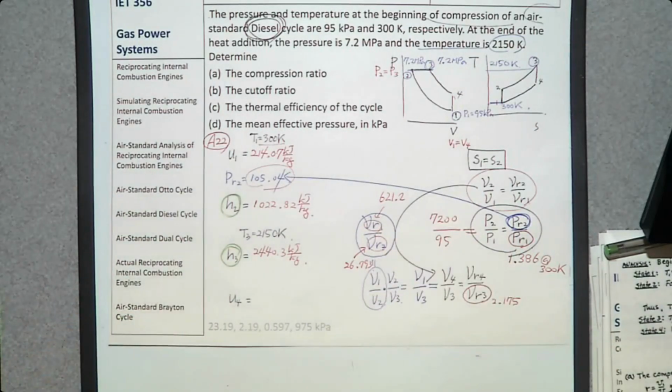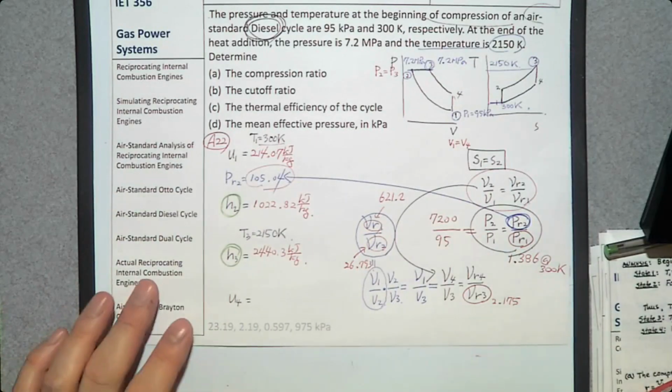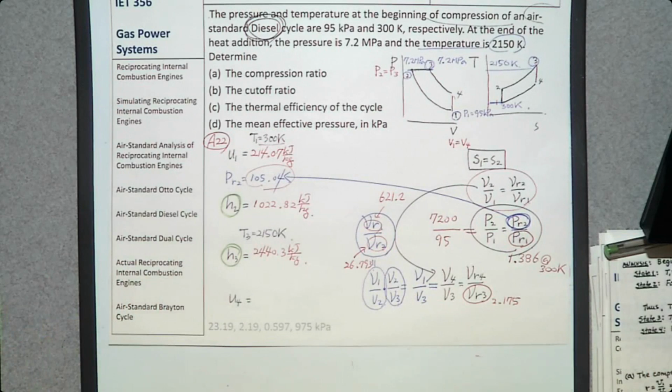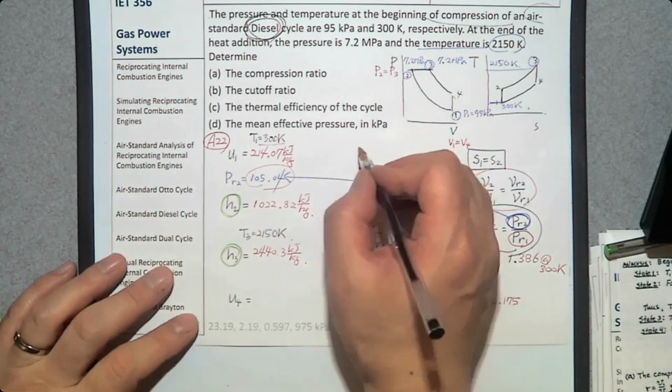What is a problem? Because you need to do two linear interpolations, right? But now the question is V2 over V3. Can you find V2 over V3? What is the relation between 2 and 3? Constant pressure process. When you have a constant pressure process, and this is an ideal gas, in chapter 3, we studied this one.